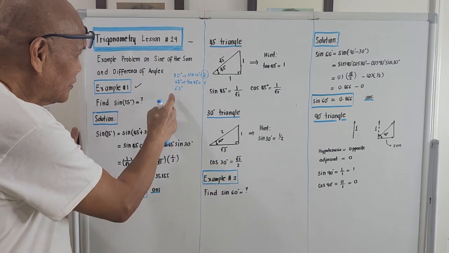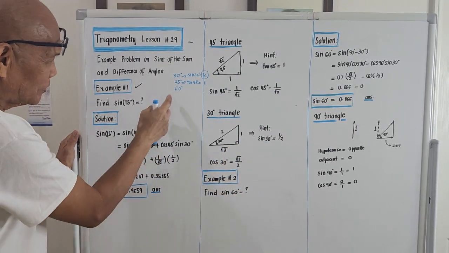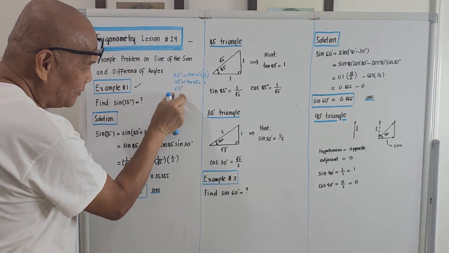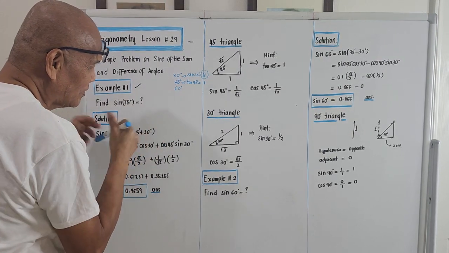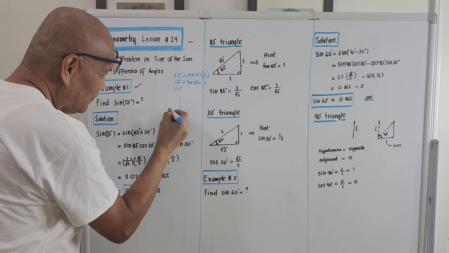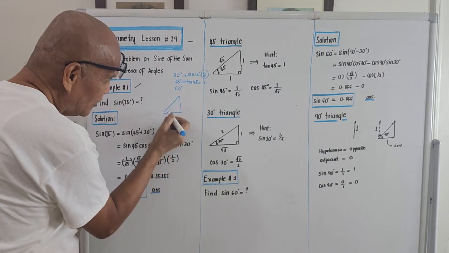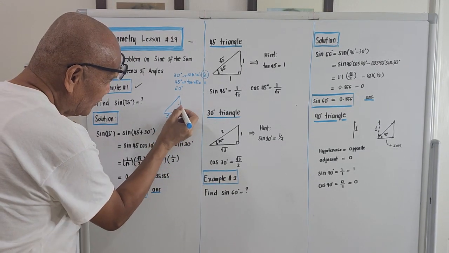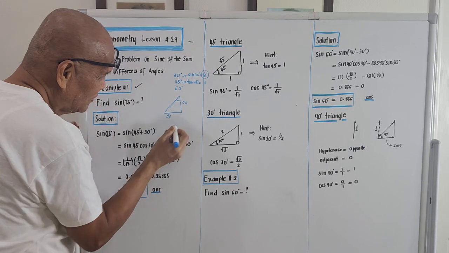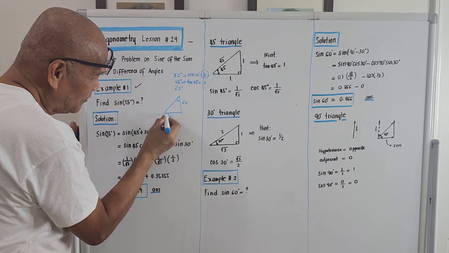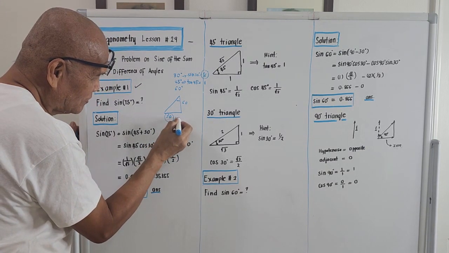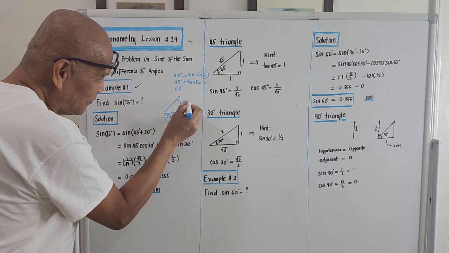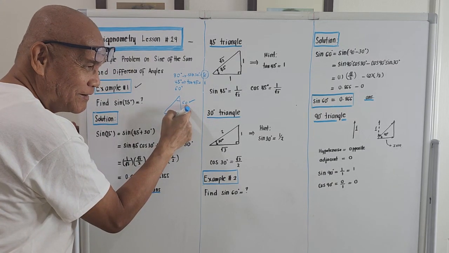How about 60 degrees? For me, I'm not so popular with the 60 degrees. But if this is 30 and this is 60, if you know the values of the 30 degrees, you could derive the values of the 60 degrees.